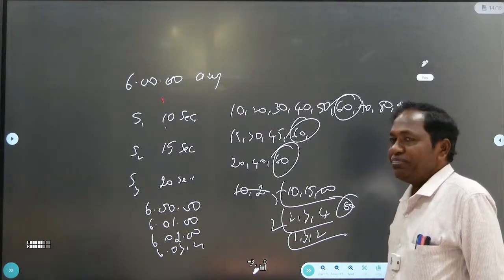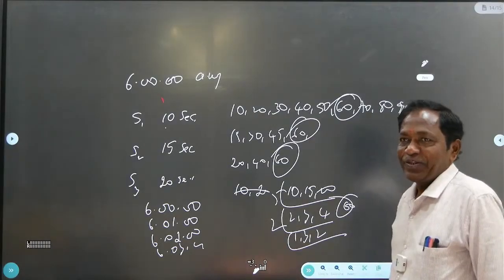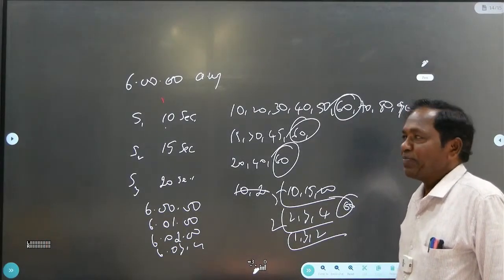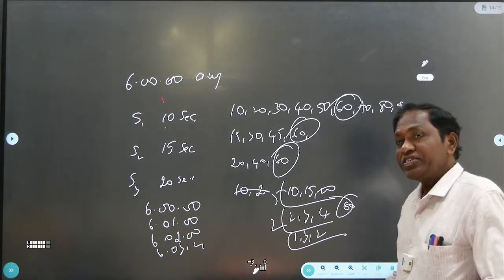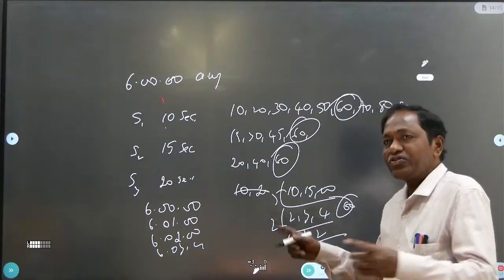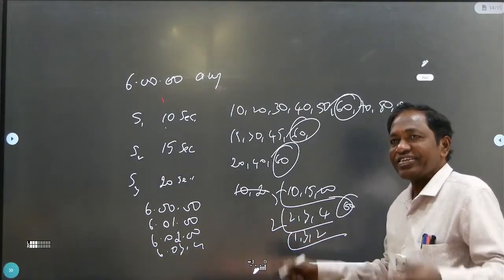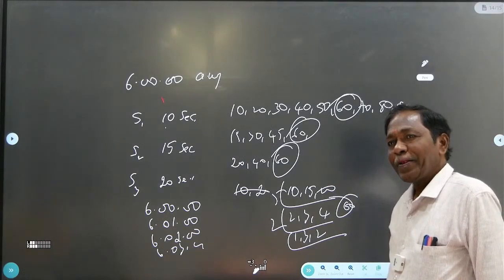In 1 hour time, how many times do all the three signals start together? What will be your answer? Once? For every 1 minute, all the three signals start together.